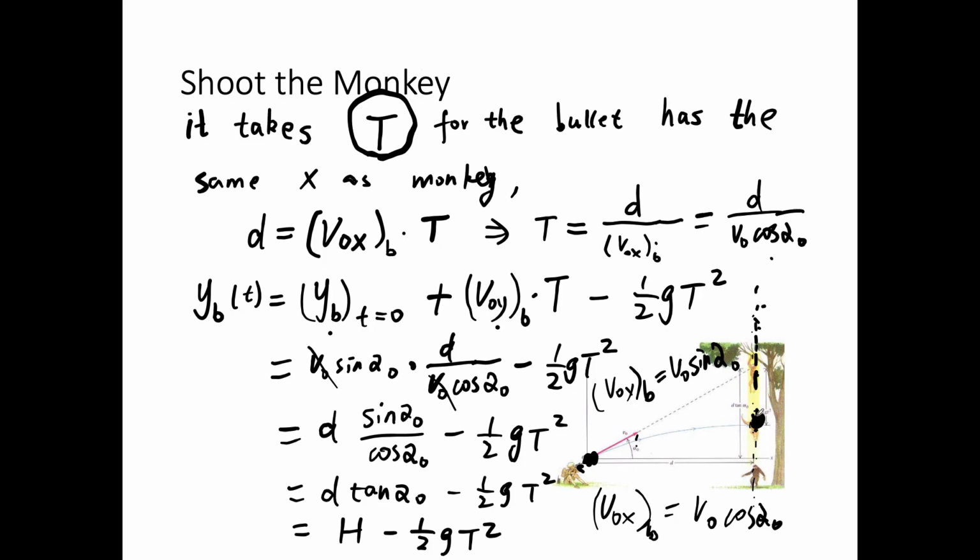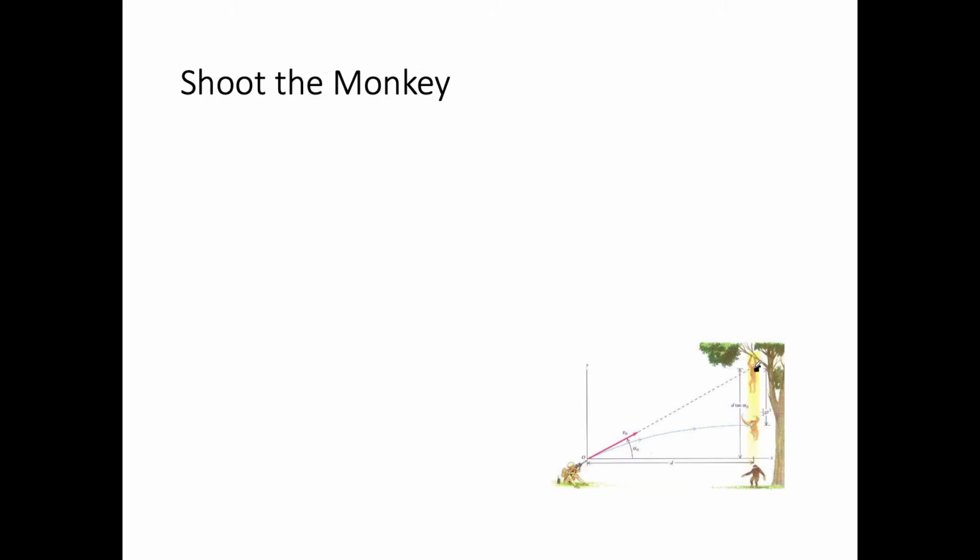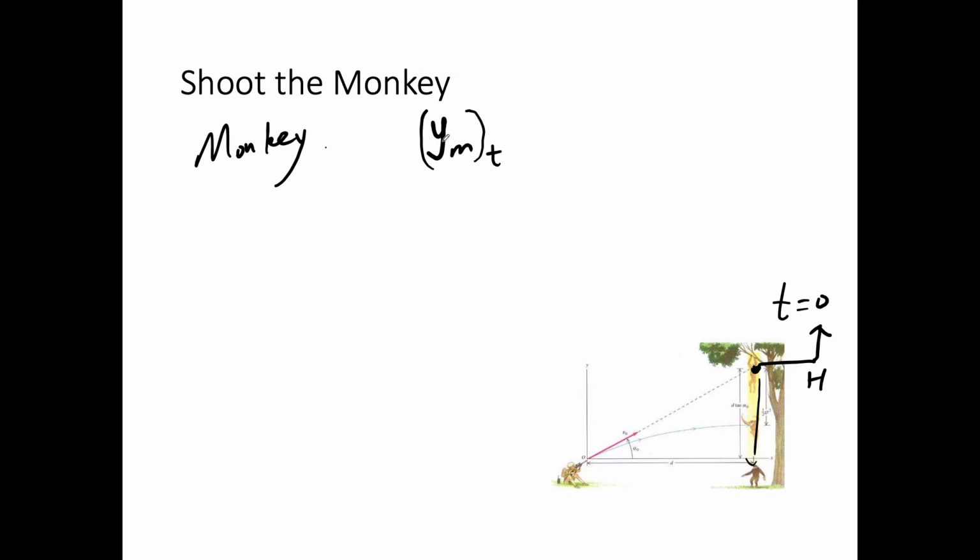Right now we need to find out the y position of the monkey. The monkey at t equals 0 is at h. The monkey is here, at h. So what's the y position of the monkey as a function of t, at any t? It should be the y position of the monkey at t equals 0, which is h, right?